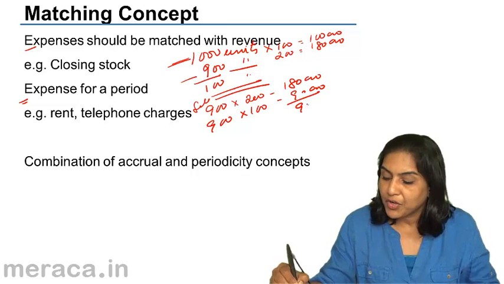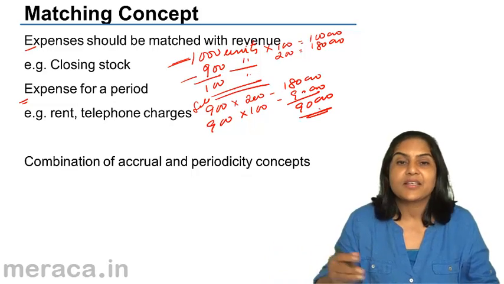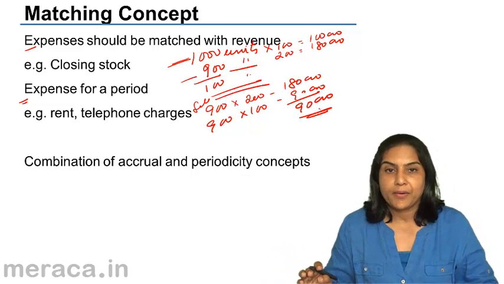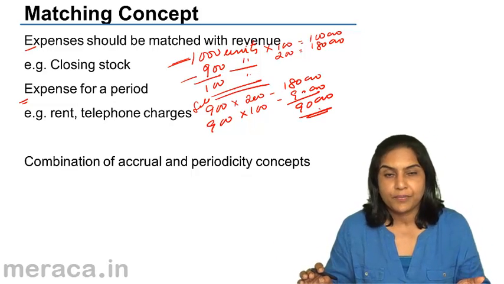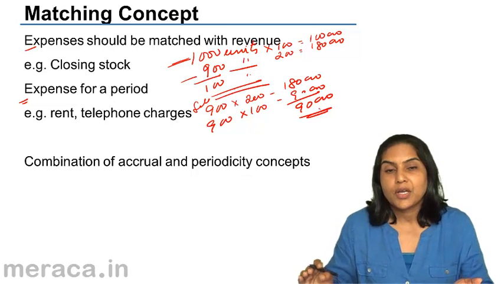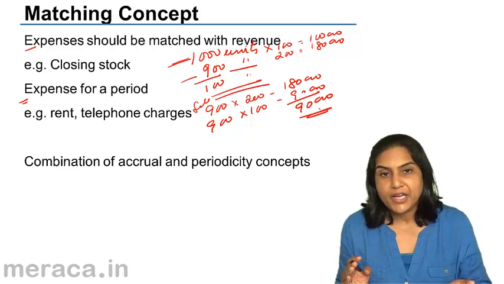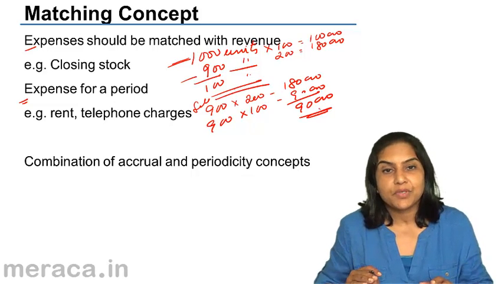We get a profit of 90,000. This is the matching concept, where when items are sold, they should be matched with the cost of these items sold.